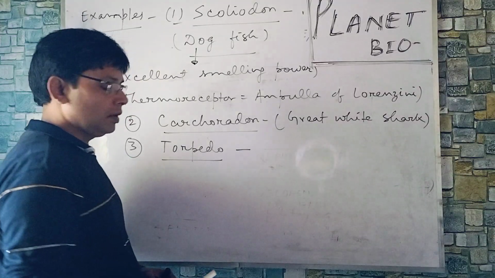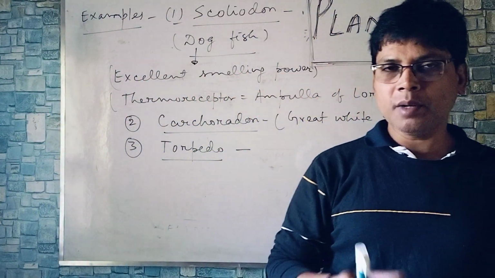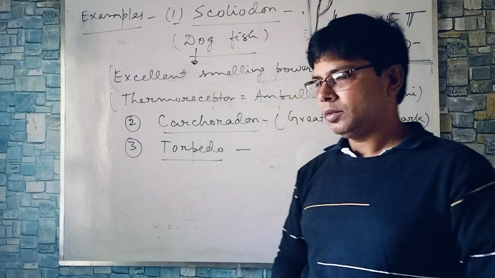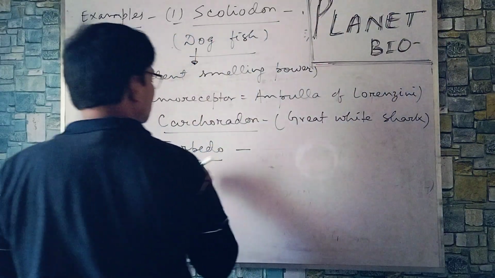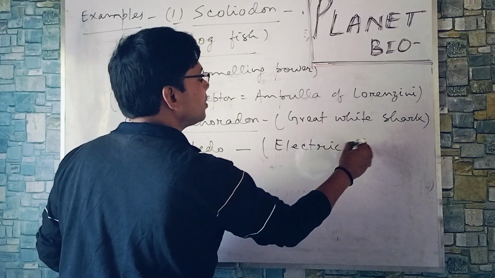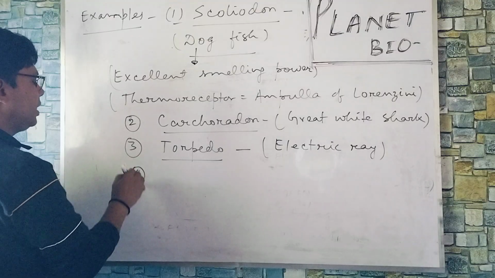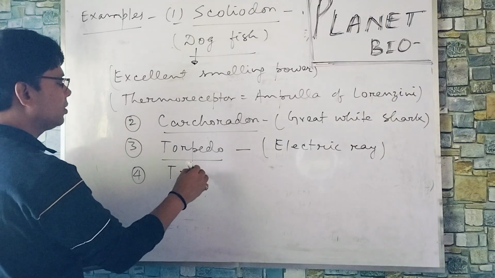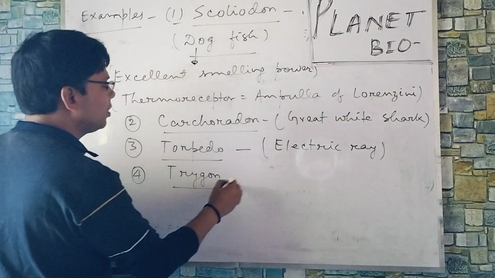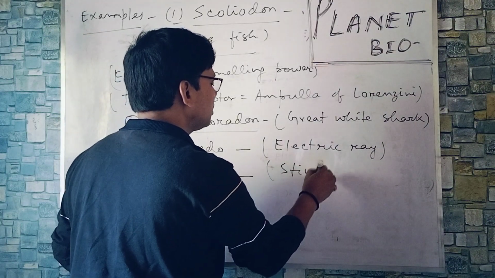It has a modified muscular organ which can produce electrical shocks. Torpedo, so-called electric ray. Then comes Trygon. It produces sting, stingray.